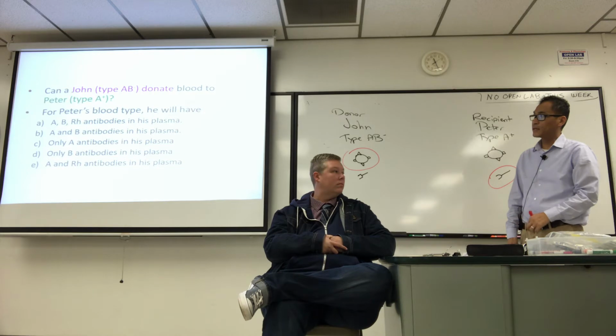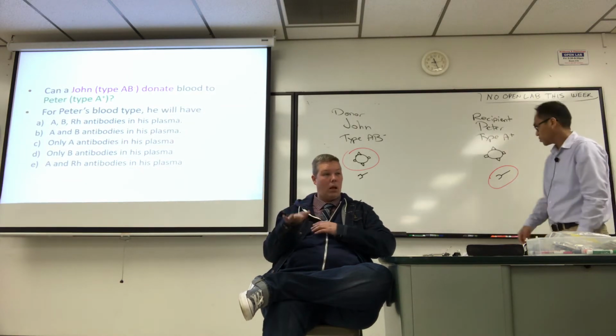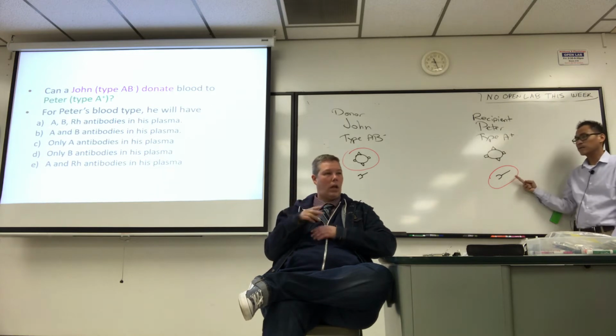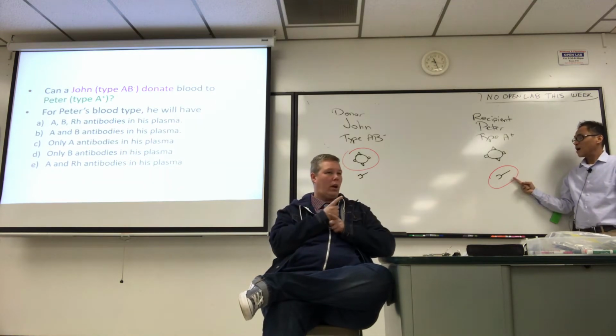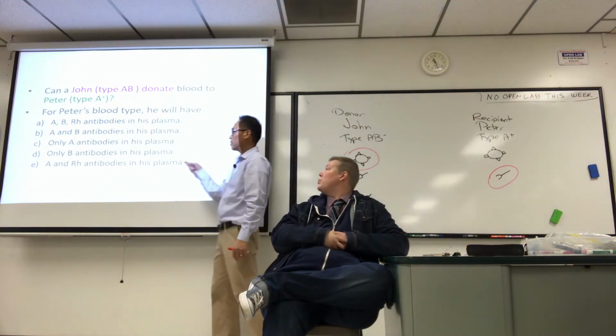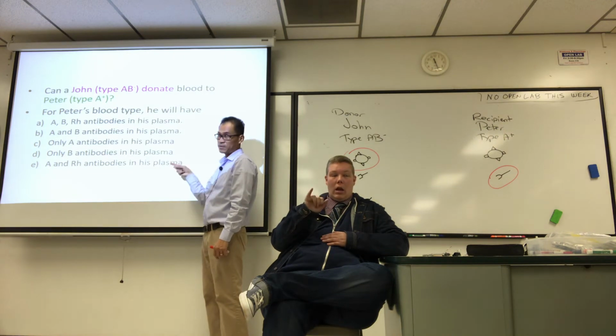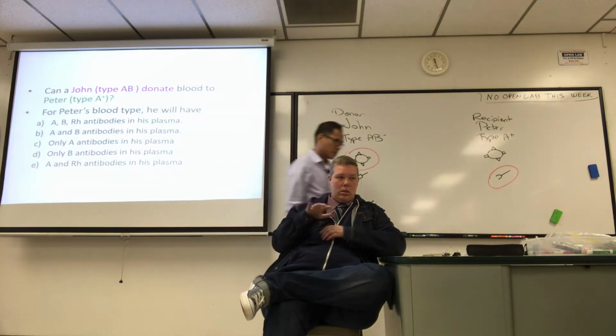For Peter's blood type, we're concerned with his antibody profile. Which choice is correct? The one that says only B antibodies in his plasma. That's choice D on this list of choices.